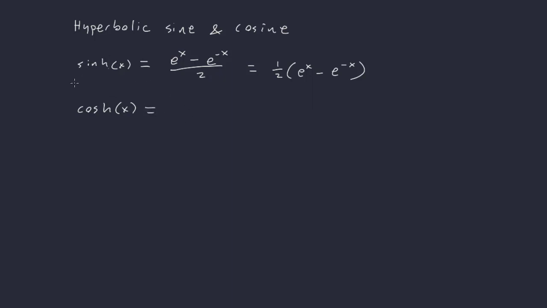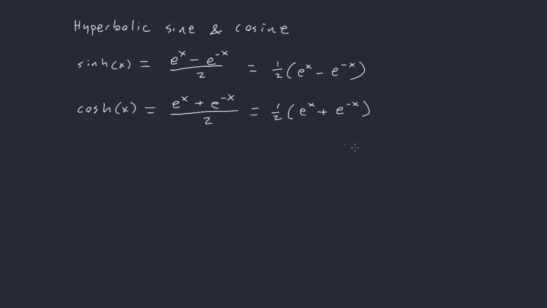I'm not too sure about the sinh one. But anyway, the hyperbolic cosine is pretty much the same thing, but with a plus on the inside. So it's e to the x plus e to the negative x all over 2, also known as 1/2 times e to the x plus e to the negative x.